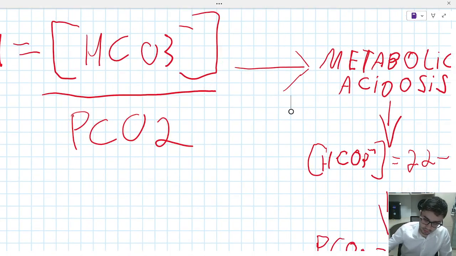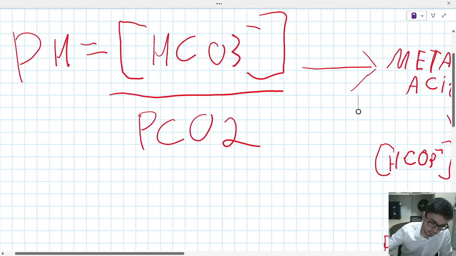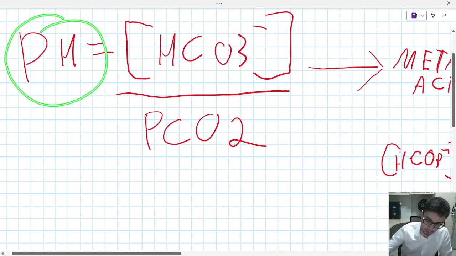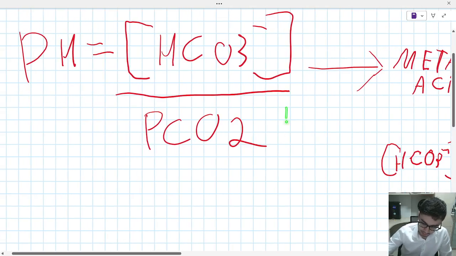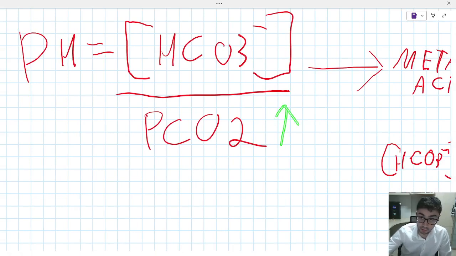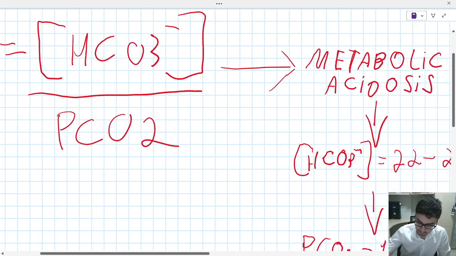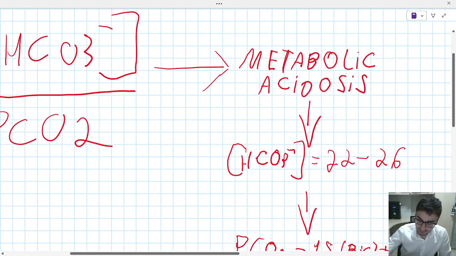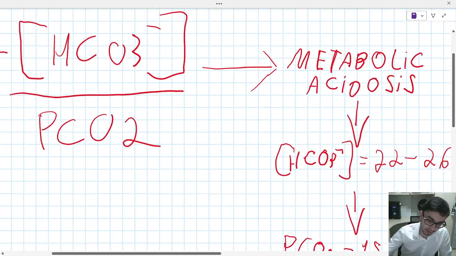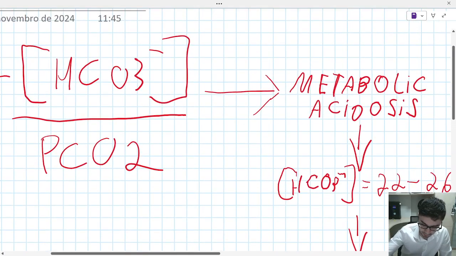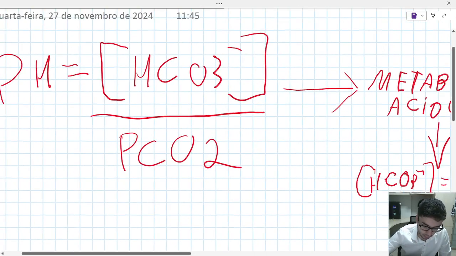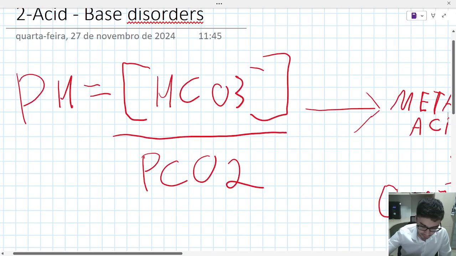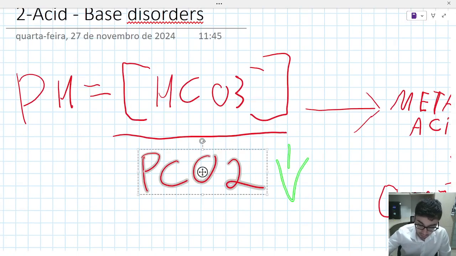So in order for the pH to become constant, the PCO2 needs to go down.